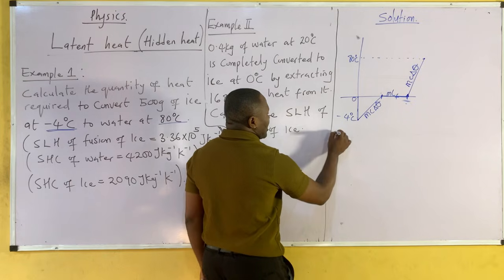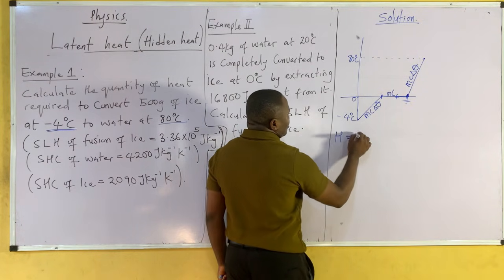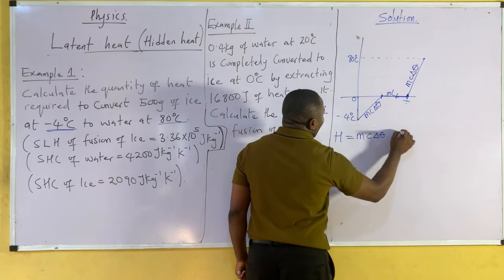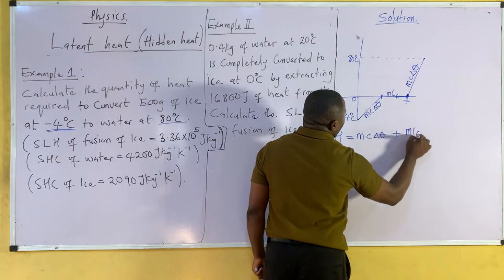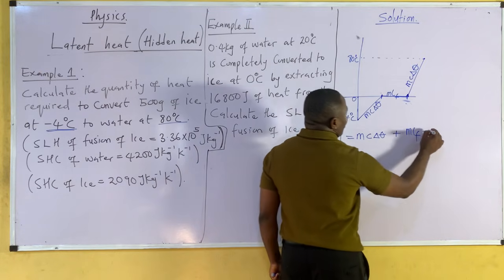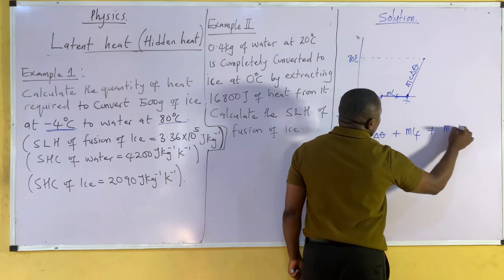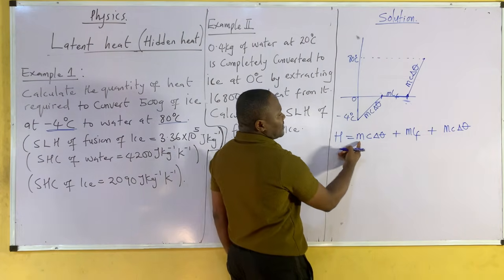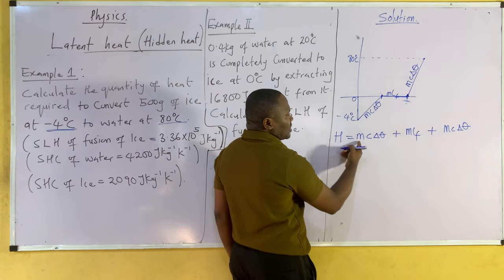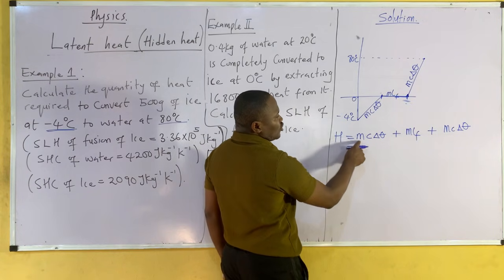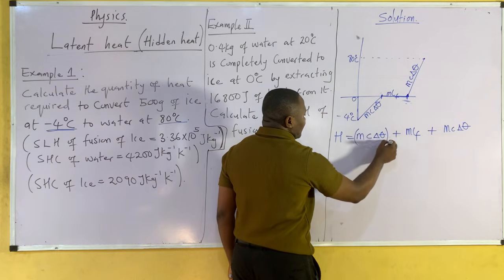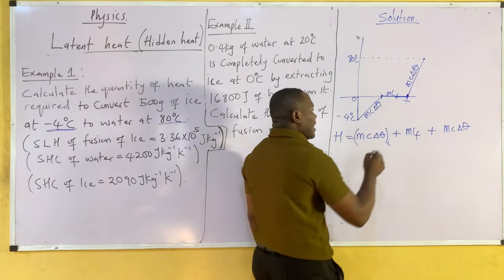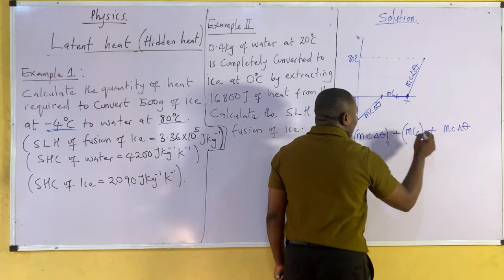So, my total heat needed is equal to MC change in theta plus mL_f, latent heat of fusion, plus MC change in theta. Now, what about this MC change in theta? This is for ice. So everything occurring here is for ice. What about this latent heat of fusion? Is still for ice.